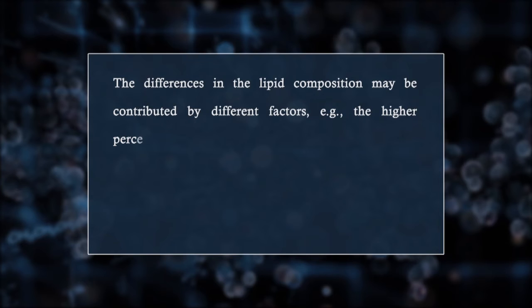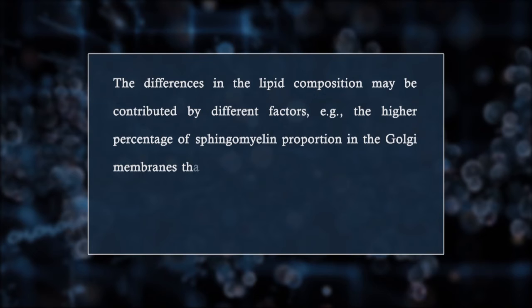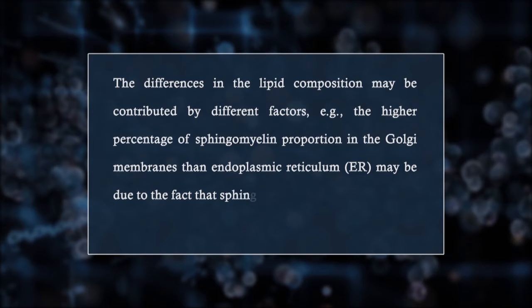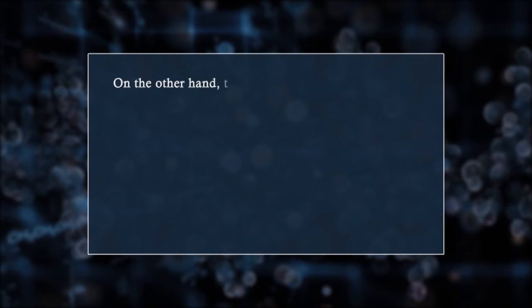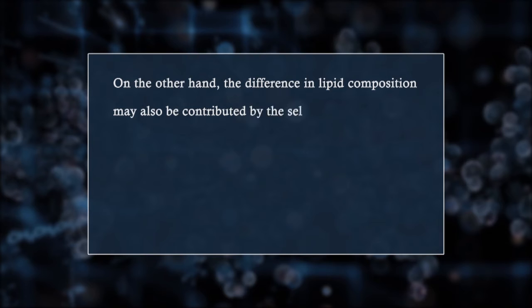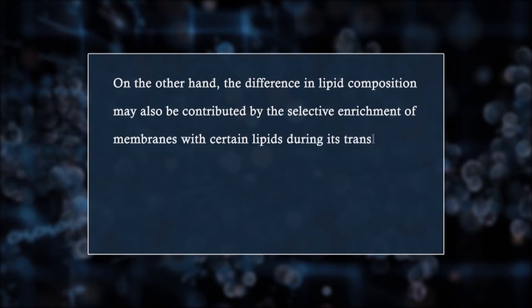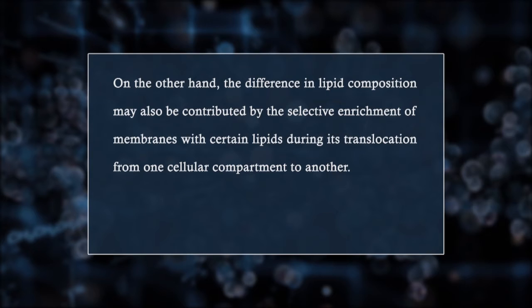For example, the higher proportion of sphingomyelin in the Golgi membranes than endoplasmic reticulum may be due to the fact that sphingolipids are synthesized in the Golgi while phospholipids are synthesized in the endoplasmic reticulum. On the other hand, the difference in lipid composition may also be contributed by the selective enrichment of membranes with certain lipids during its translocation from one cellular compartment to another.